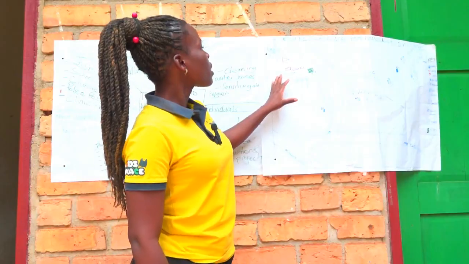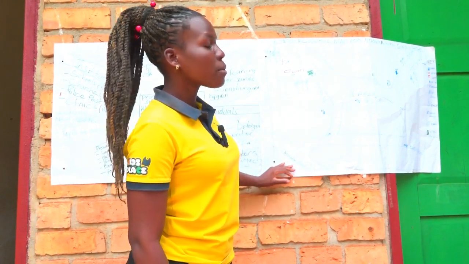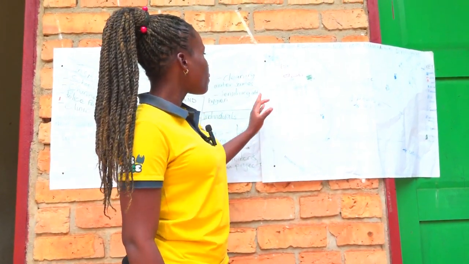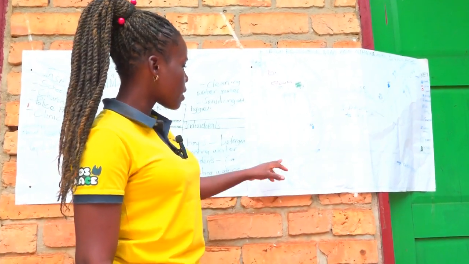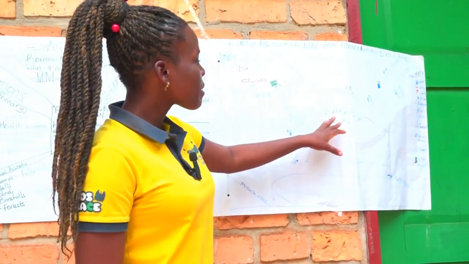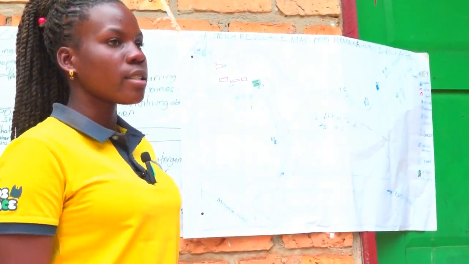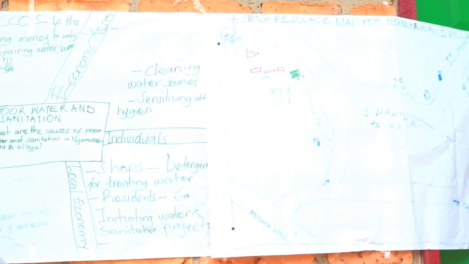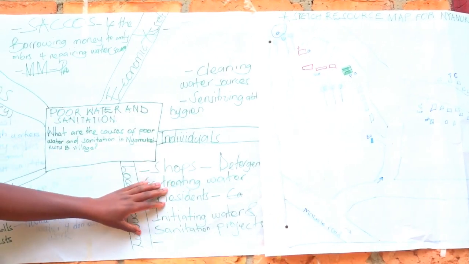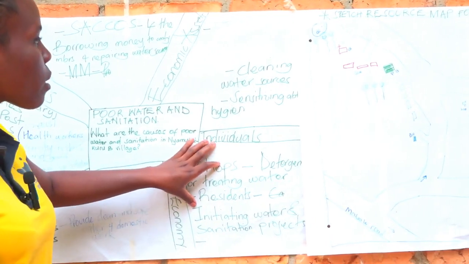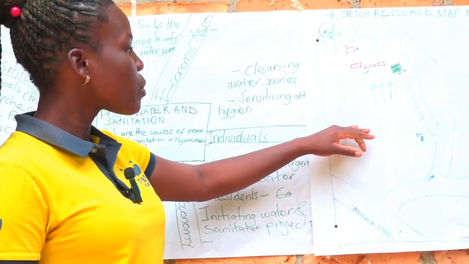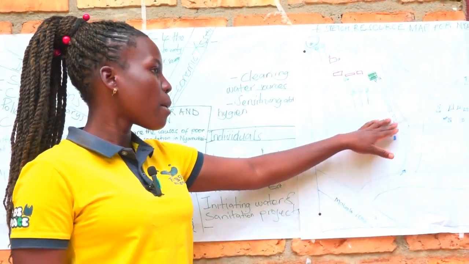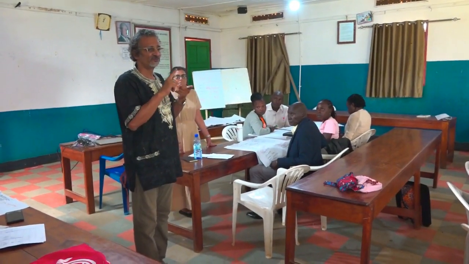As we can see, this is a resource map for Nyamkaikuru B village, and different resources have been mapped. We can see here roads, trading center, and everything we need. In that workshop also, we were taught about telescoping, whereby you see the resource map, then you identify the key resources.